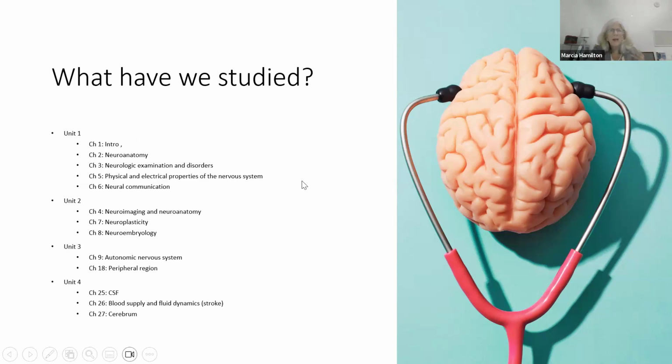Then you learned about the physical and electrical properties of the nervous system, including action potentials and how a signal is fired from the periphery or comes from the central nervous system out to the periphery. In this past week, we've been learning about the importance of neuroimaging, how we use it as a tool, and how it advances our health literacy as occupational therapists. We also learned somewhat about neuroplasticity, and then neuroembryology and neurodevelopment.